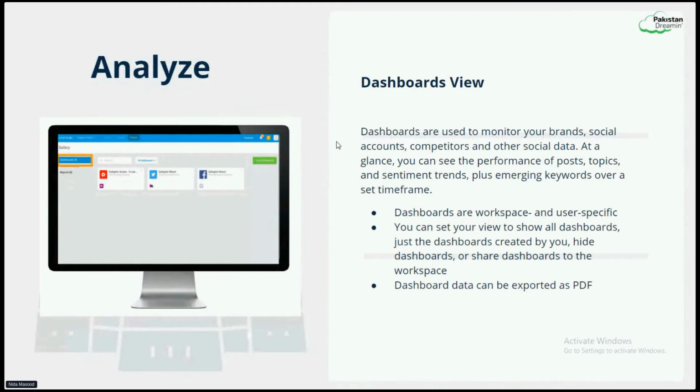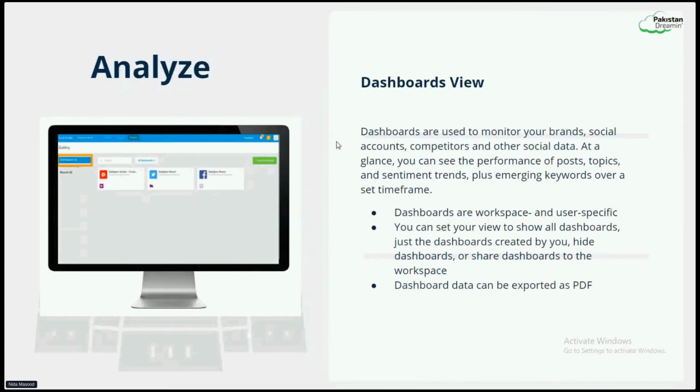You can see at one glance how your posts are performing over a period of time, see new keywords emerging in different posts, and see the sentiments related to all your posts and products.